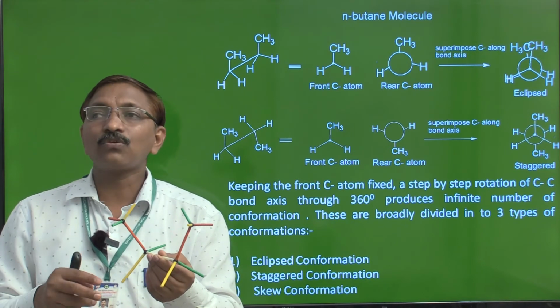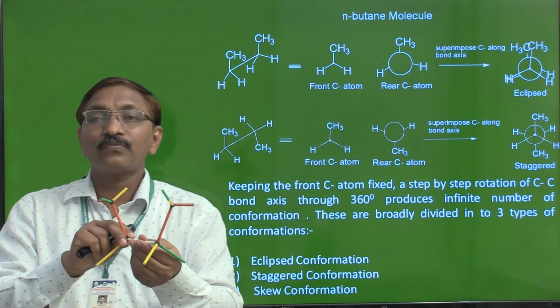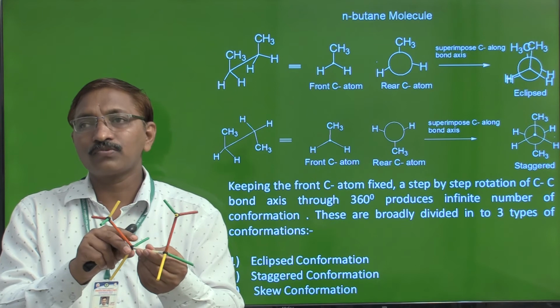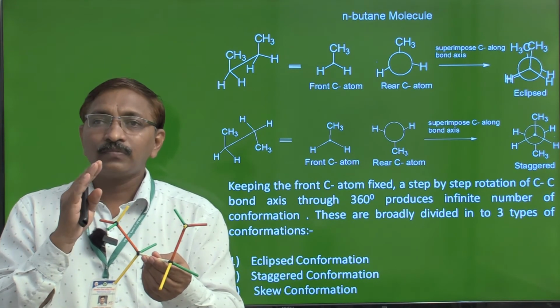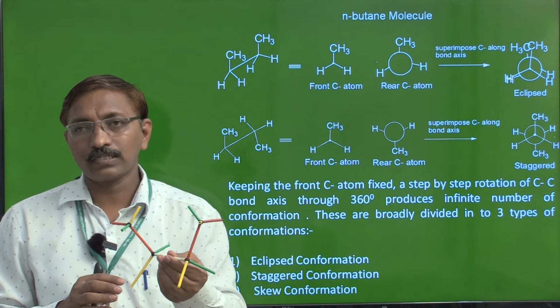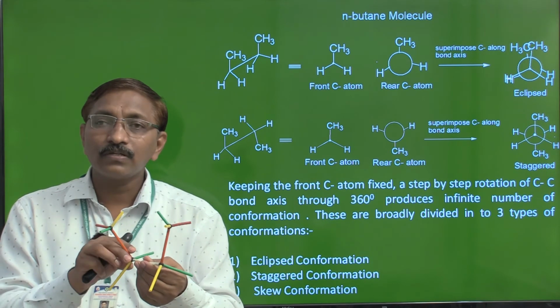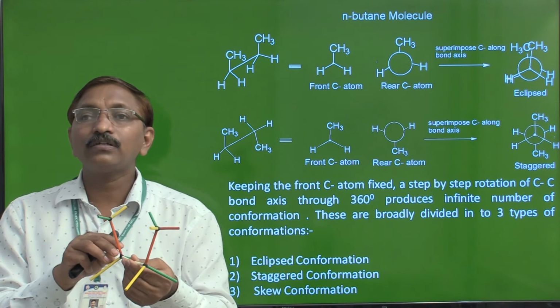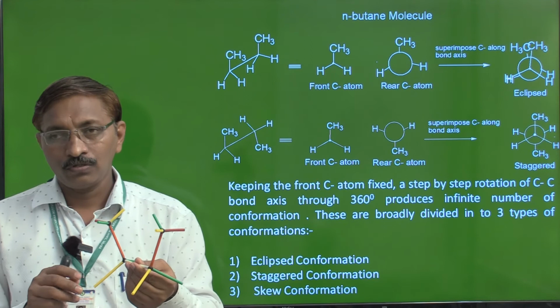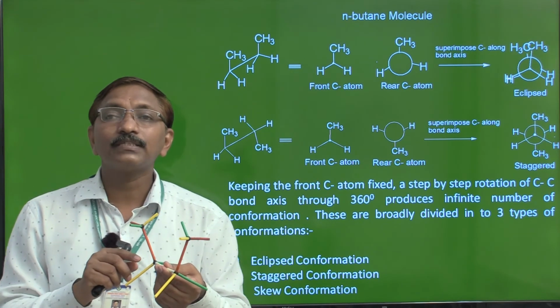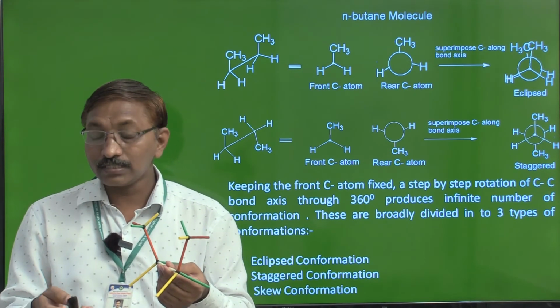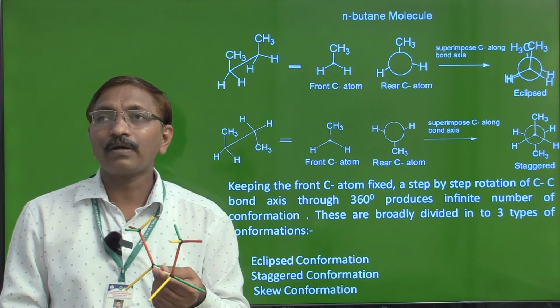On the basis of such rotation, there are three basic types of conformations. First is eclipsed, second is staggered, and third is skew conformation. We will see them one by one.